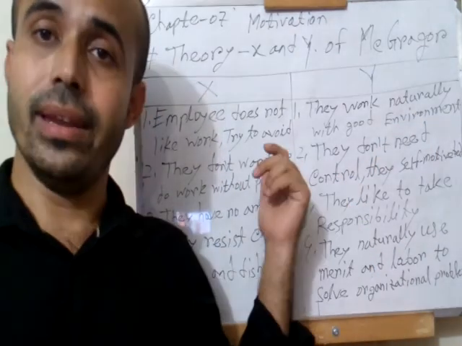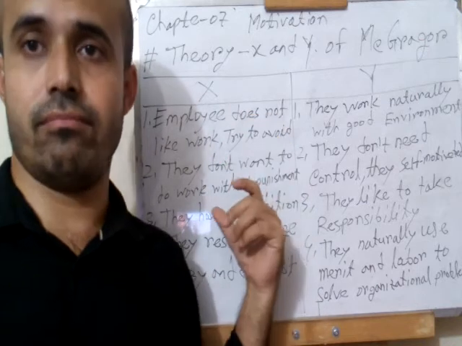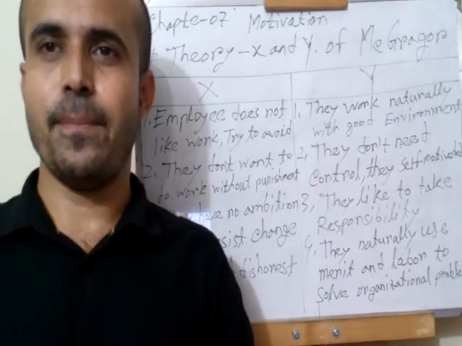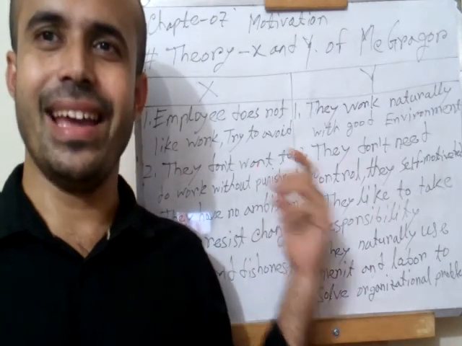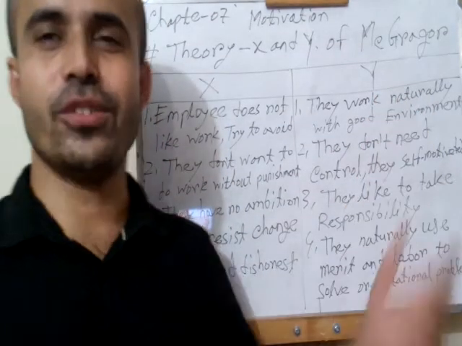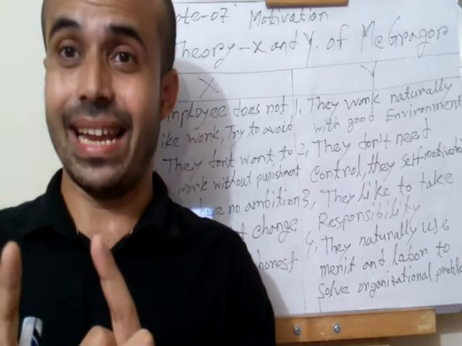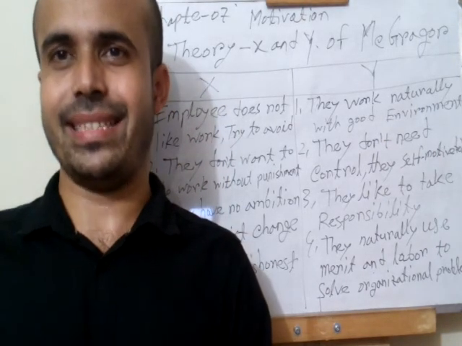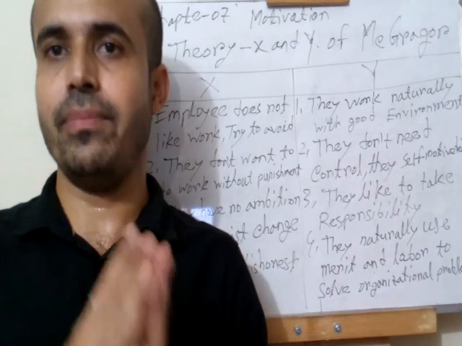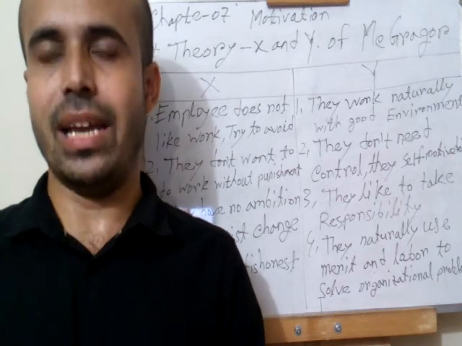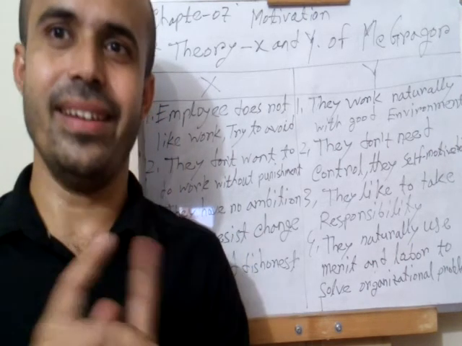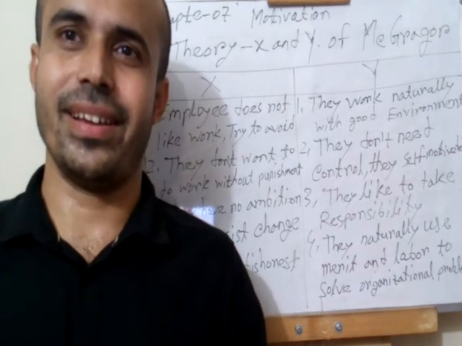So when you think that some of the employees are negative, that means you have to use the X theory, and for those who are very positive, you have to use the Y theory. So at the last you have to conclude like this: if a management or any administration uses the combination of X theory and Y theory, then they will be successful in motivating their employees or workers.